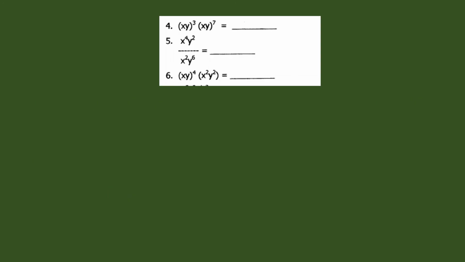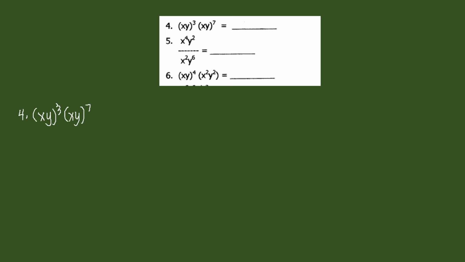So let's continue with answering 3 more examples. So let's have number 4, which is xy cubed times xy to the 7. So if you look at this question, you have 2 expressions that are raised to another exponent.